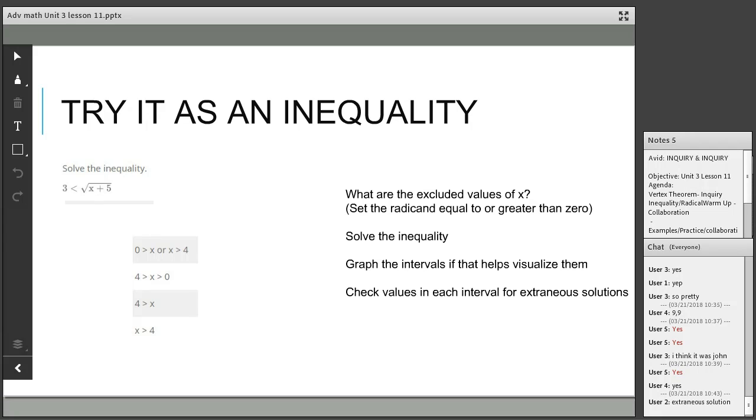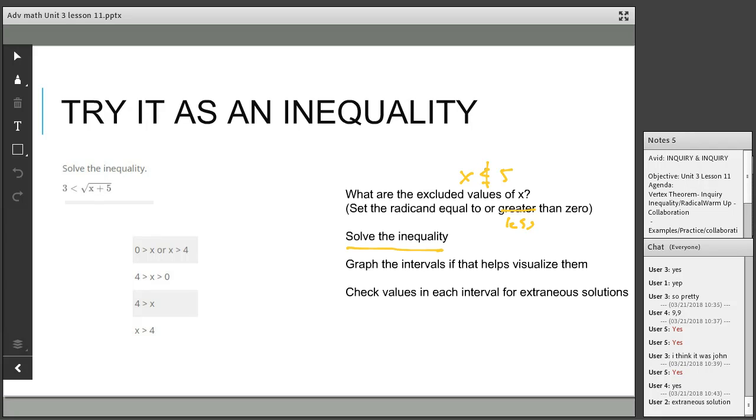Okay, so let's try it as an inequality. We just solved it as an equality. John did a great job. Now this is off your checkpoint. It says solve this inequality. We already talked about the excluded values of x. x could not be less than or equal to 5.